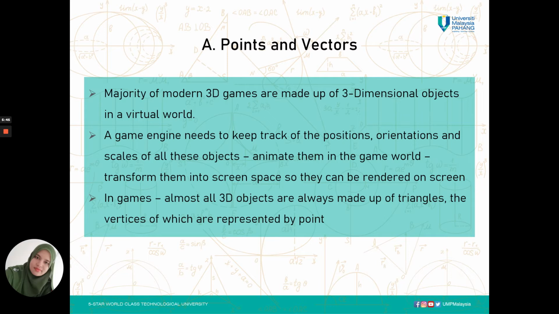By having that, the game engine will keep track of each position you give to your game objects. If you give the value wrongly, the game engine will render everything that you give into the scene wrongly.